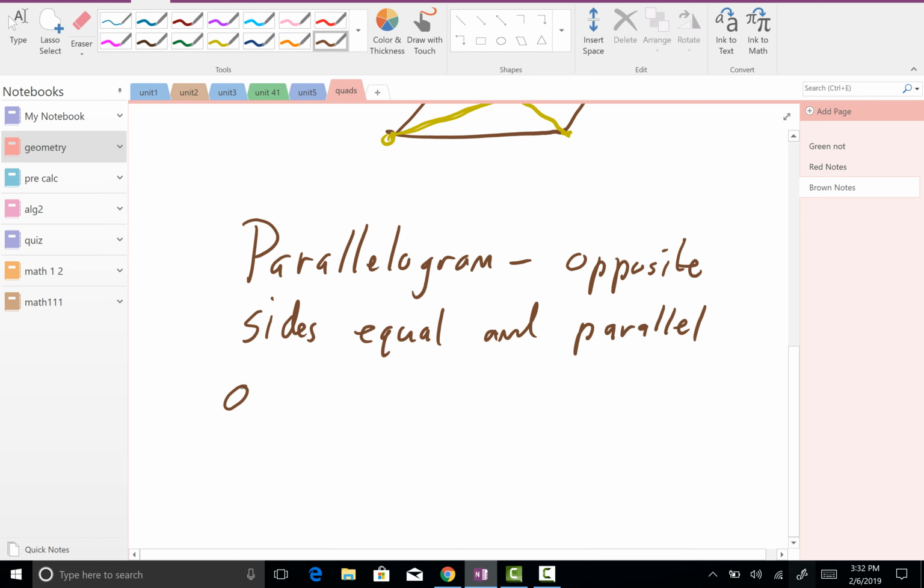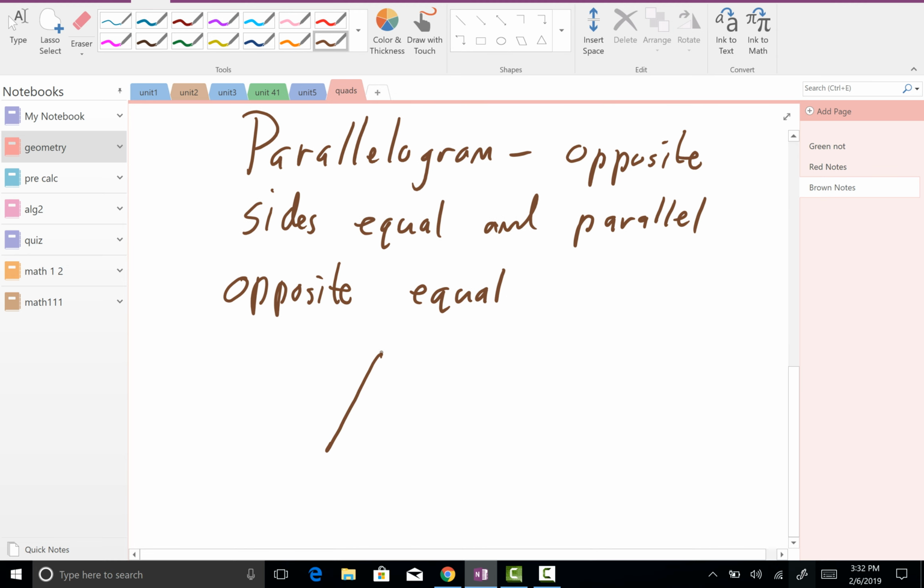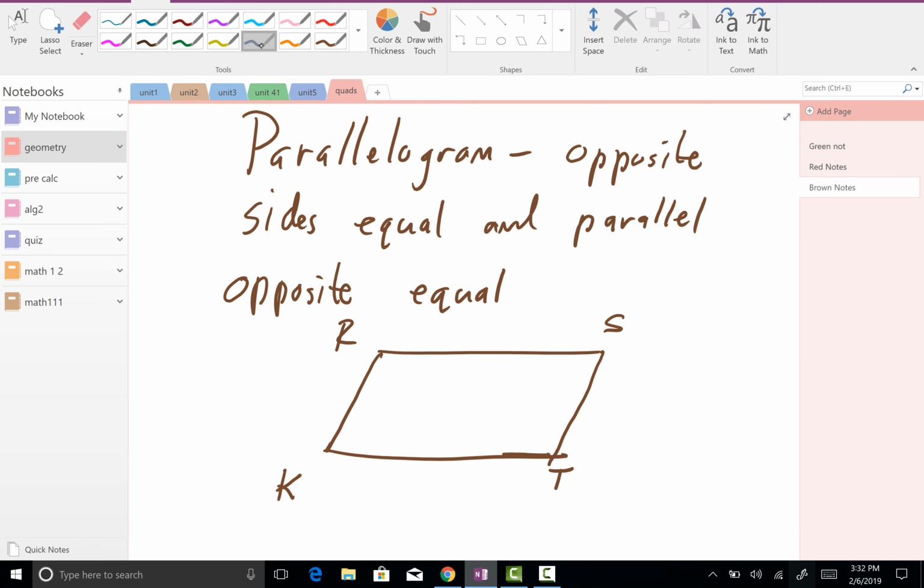Know that. Opposite angles are equal. Okay? We know that. If we draw the parallelogram out like this, we call it KRST. Then these diagonals that I'm going to draw here and here, we don't know much about those, right? In fact, they're not equal.